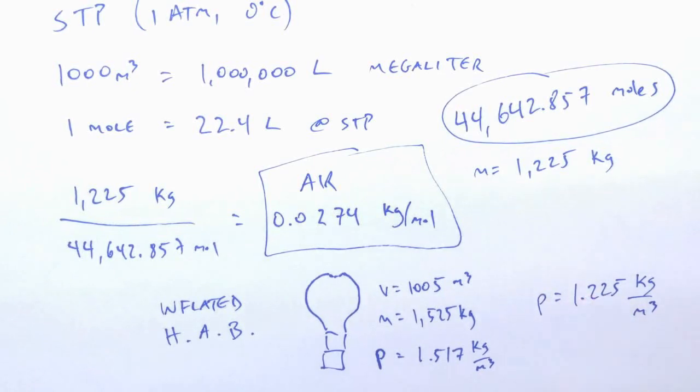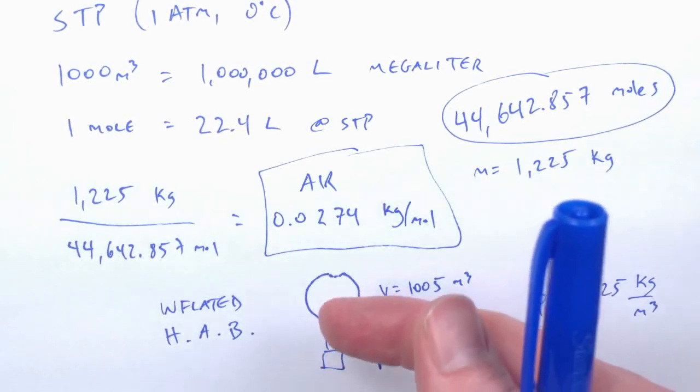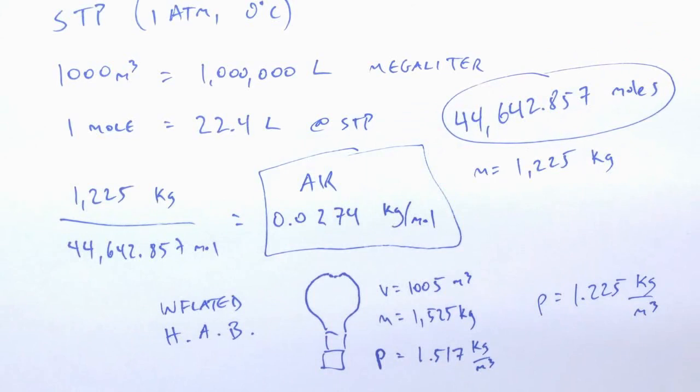The only way to reduce this density is to reduce this mass, and the only way to reduce this mass is to heat up the air so that some of it will leave. So the question is going to be, how much air are we going to have to get out of that balloon in order to make it match? So here's what we're going to have to do.